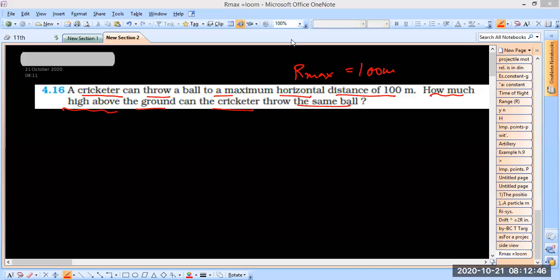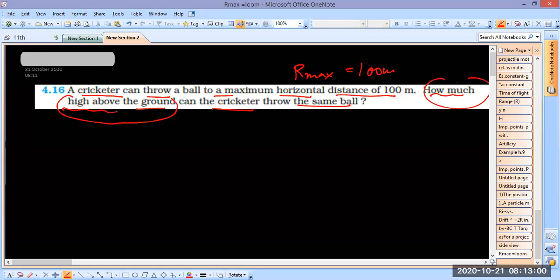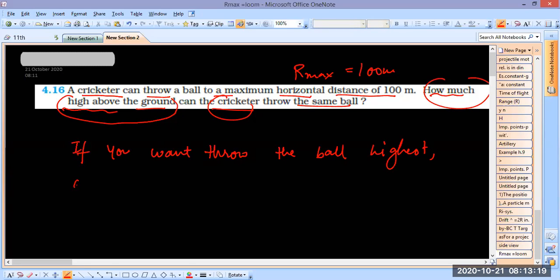The answer is fine, you can say any number as the answer. I want to know the reason, so listen to this carefully. What this question means is, if the cricketer tries, how much can he throw the ball up, right? How high? If you want to throw the ball to the largest height, at what angle with the ground should you throw?